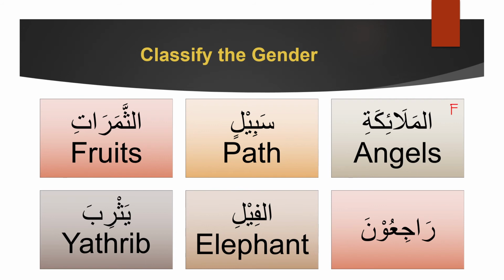Okay, you understood that? So what's the other option? Reality. What is the reality? Masculine plural. So this word can be masculine plural. But if you had just seen the ta, you would have assumed that this word was only feminine, right? So sometimes it's important to also look at the meaning rather than just looking at the ta marbuta.